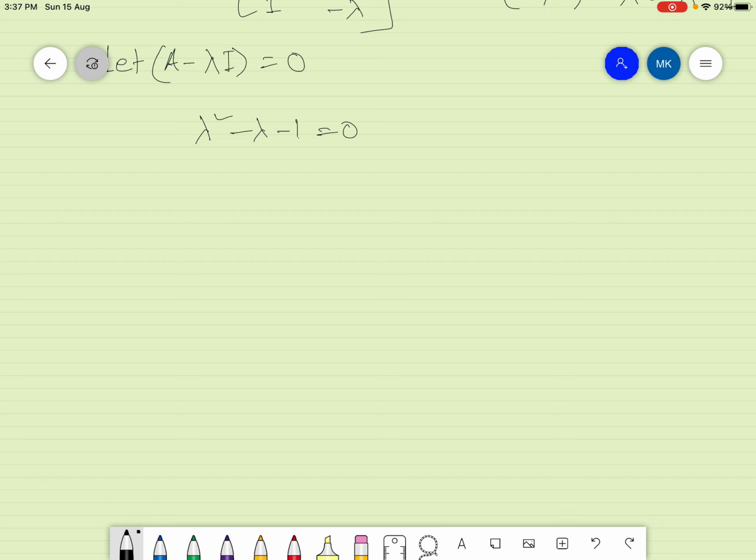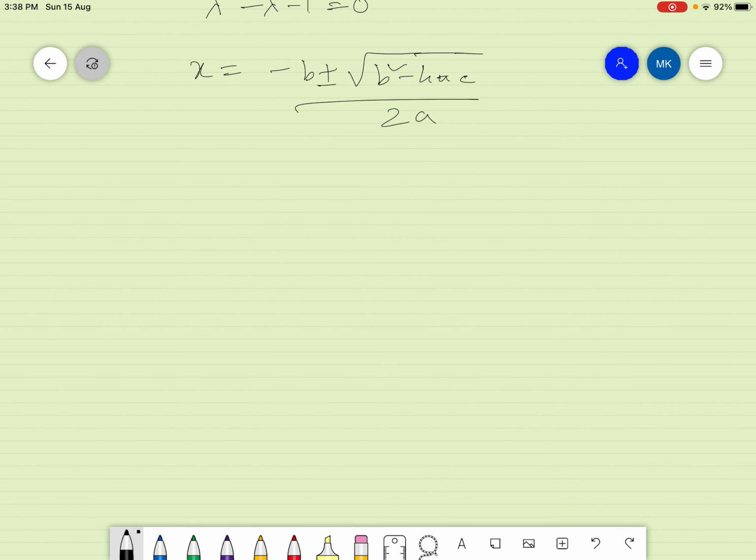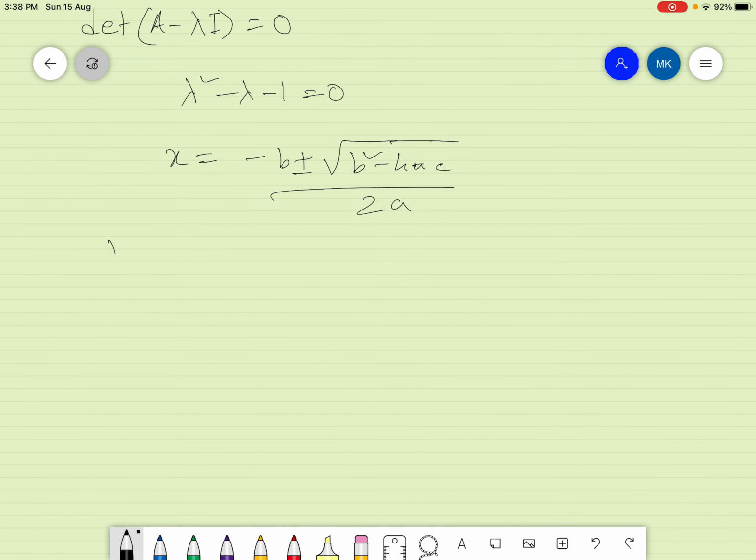So from the quadratic formula, we know that x equals minus b plus or minus the root of b square minus 4ac, divided by twice a. So lambda would be 1 plus or minus root 5, divided by 2.